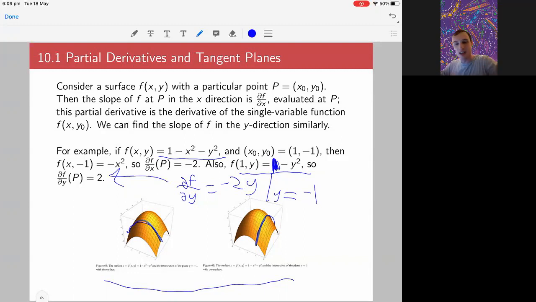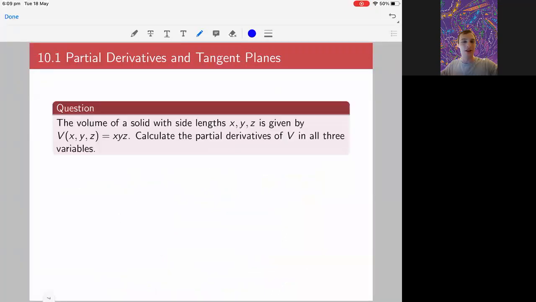Well, just in an attempt to solidify this theory somewhat, I'm going to go through an example, a rather geometric and physical example. If you've got a solid, a three-dimensional solid, a rectangular prism to be precise, and its side lengths are x, y, and z, then the volume we know is found by multiplying these three numbers together, x times y times z.